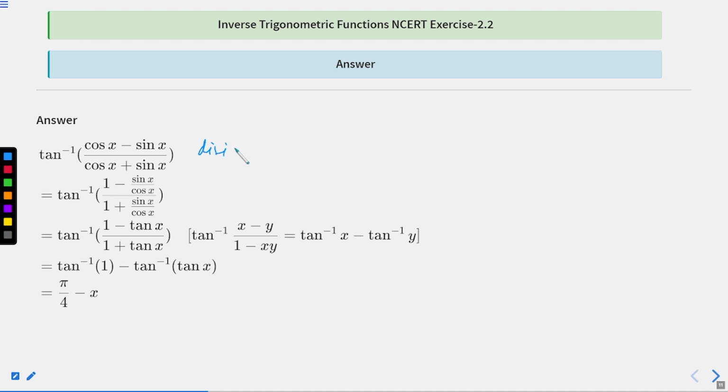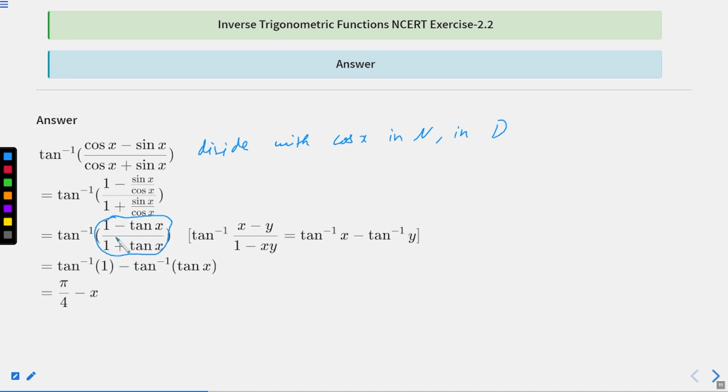Divide with cos x in numerator as well as in denominator. Okay, what you will get is 1 minus tan x over 1 plus tan x, this, and if you recall, this is tan pi by 4.